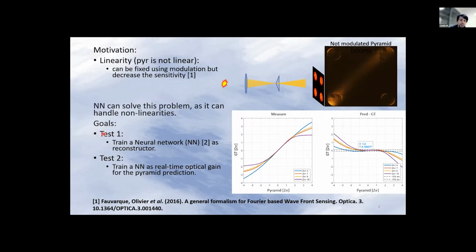We train a neural network to predict the first 54 SCExAO Karhunen-Loeve modes, and in the second step, we test the neural network where the output of our system will be an optical gain for the pyramid prediction, because if we modify the optical gain in the pyramid, we can get a nice sensibility and a bigger linearity range.